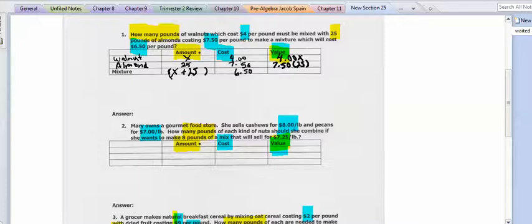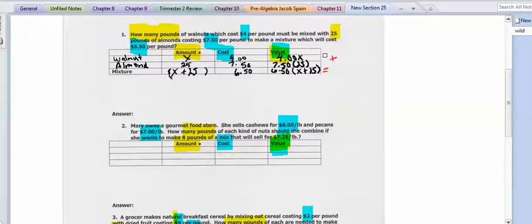And the next column is going to be $6.50 times x plus 25. Okay, now the value column is going to be this line plus this line is going to be equal to the bottom. Okay, so we've got the first line plus the second.